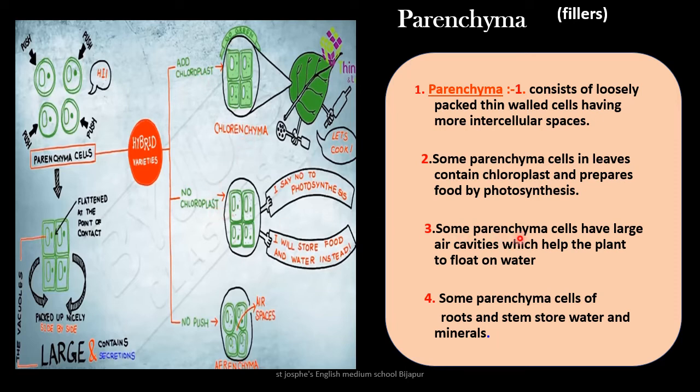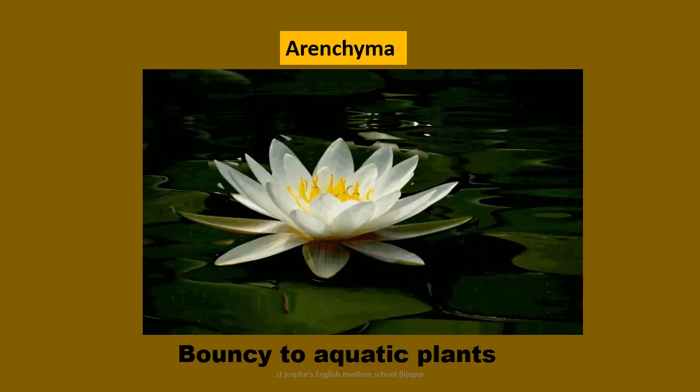Next, some parenchyma cells have large air cavities which help the plant to float on the water surface, like in aquatic plants such as the lotus plant. It is able to float on the surface of the water because of the large air spaces between their cells, and such parenchyma cells with large air spaces are called aerenchyma.